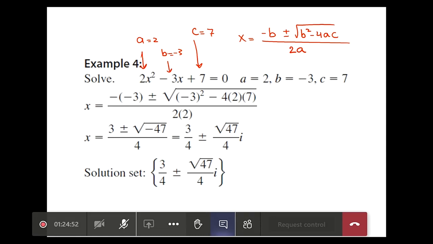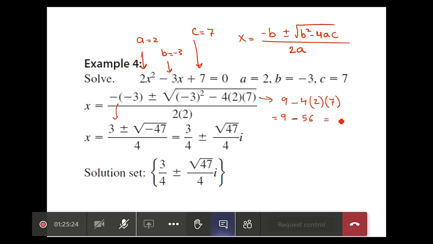Okay, look at this, -3, we have 3, and inside discriminant b square equal 9 minus 4, always 4, this is from the formula, multiply by a, 2, multiply by 7, this is the c. So we have 9 minus 4 multiply 2, 8, 8 multiply 7, we have 56.